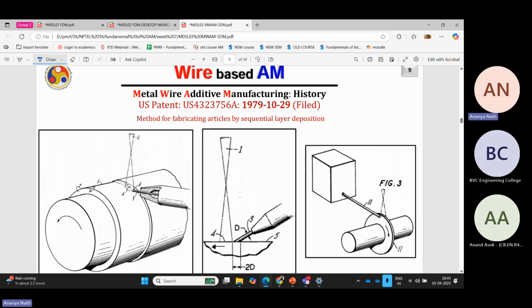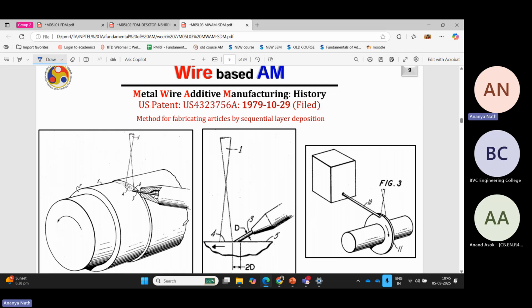If you see a shaft, this is a shaft, and there is a worn out portion in the shaft. Directed energy deposition actually came from the process called cladding. Cladding is a process through which you repair the worn out portion of any metal part. It is basically putting a layer or a few layers of material onto the worn out portion so that it can be reused again.